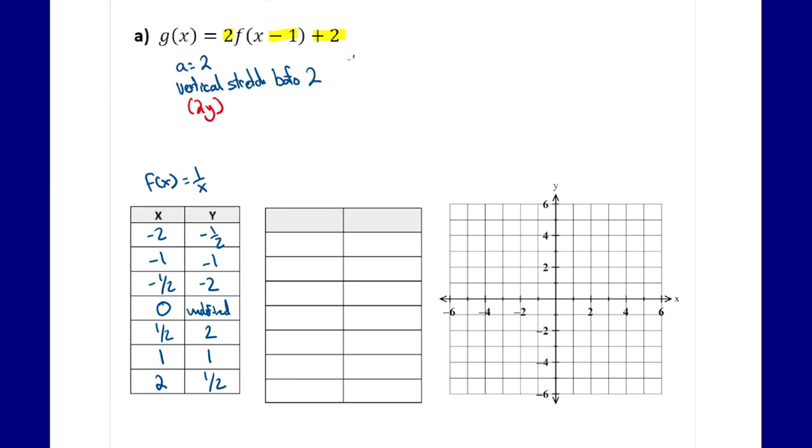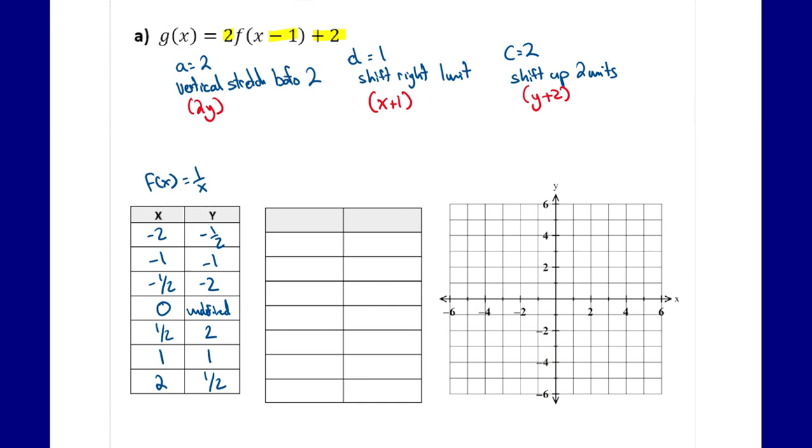We have a d value of +1, so this is a shift right 1 unit, or our x values are adding 1, and our c value is equal to 2, so this is a shift up of 2 units, or we're adding 2 to our y values.